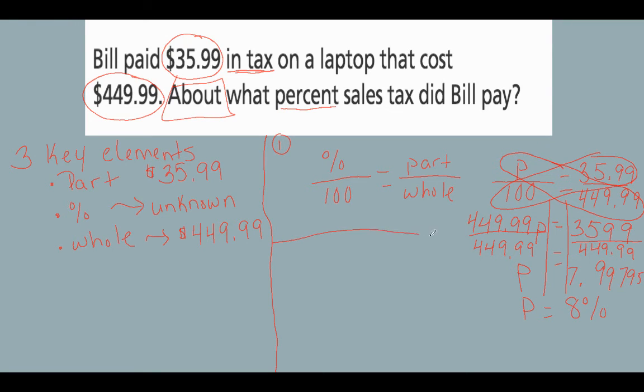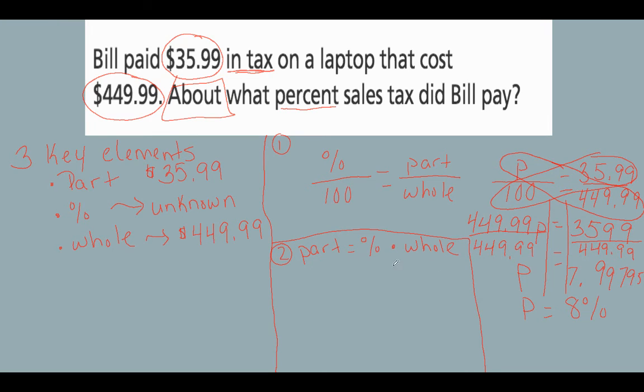So I'm going to draw out a little box here, and we're going to do method number 2. That's the equation. Our equation for percents is part equals percent times whole.